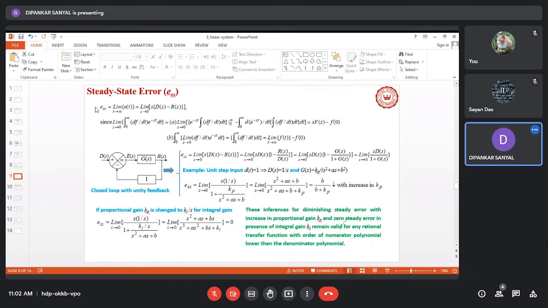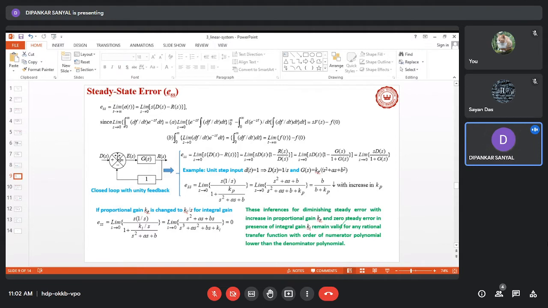So the next topic that we are going to discuss is steady state error. What that means is, suppose we have this kind of system and we give a sinusoidal excitation to it. This is the plant including the controller part, and we know that for it to be stable, its poles should lie on the negative side of the imaginary axis.